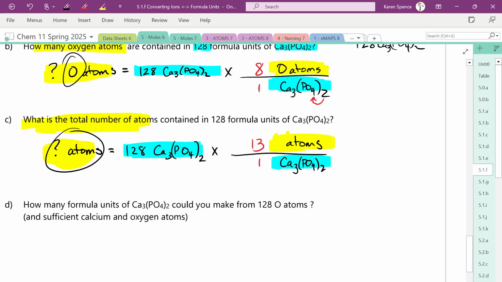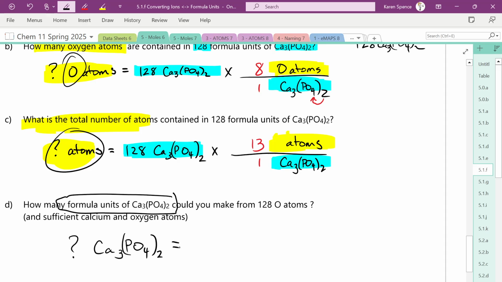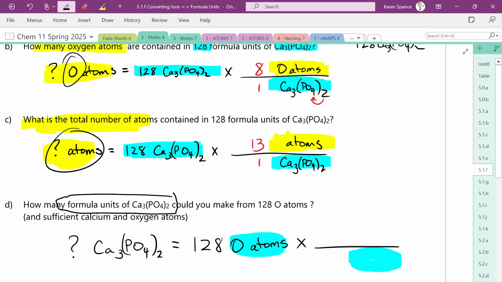And then I guess we could do our last one as well. How many Ca3(PO4)2 can we make from, what is our initial quantity in this case? 128 O atoms. Now remember, we're going to take just the unit, not the number, and put it on the bottom of our conversion factor: O atoms.